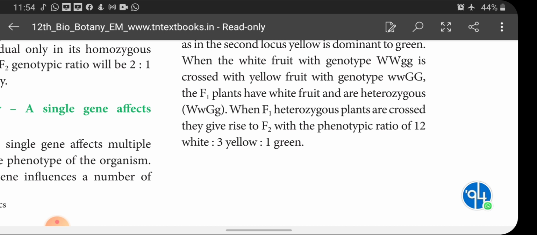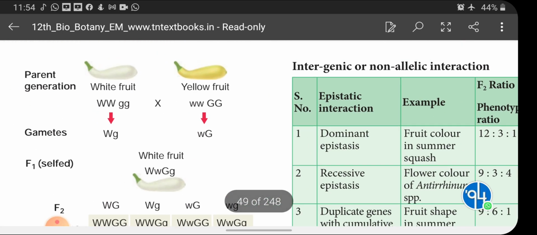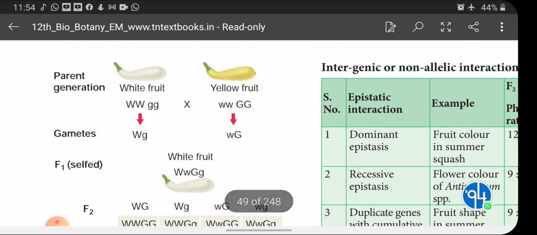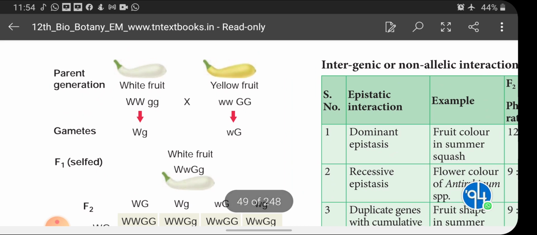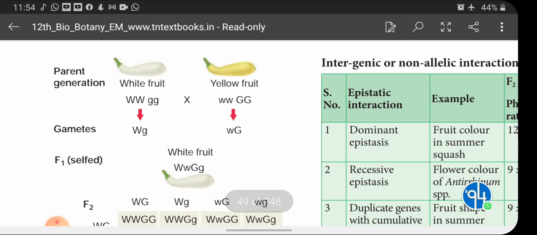Okay, so when F1 are self crossed, what will be the result? There is 12 white, 3 yellow and 1 green. That means capital W is dominant epistatic over the other characters, that is white color. The allele capital W is epistatic over the other colors.